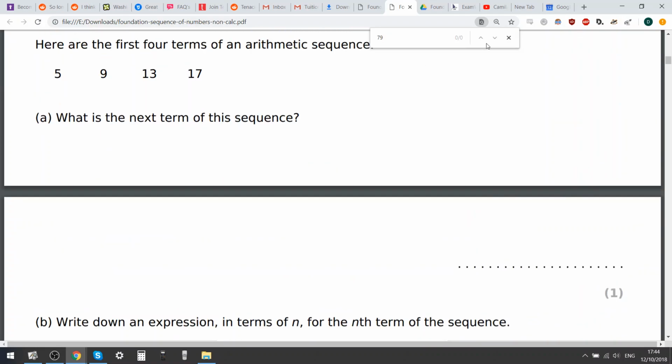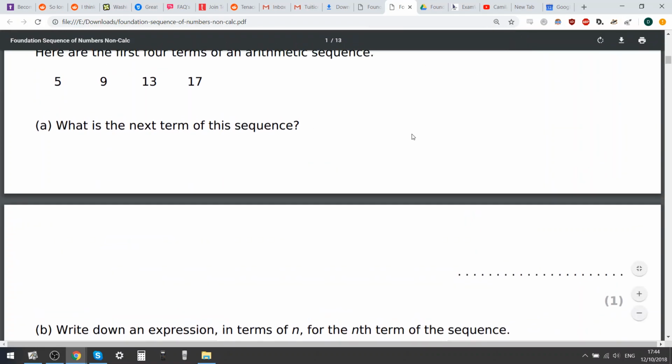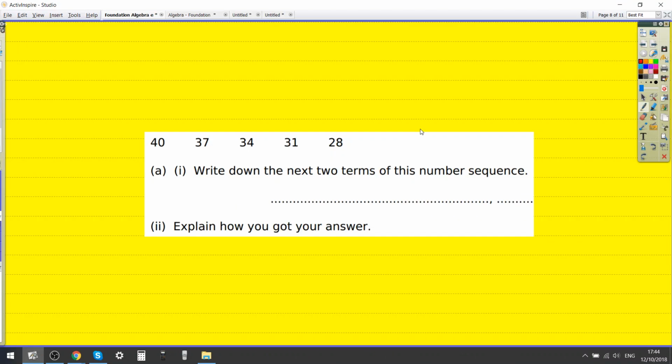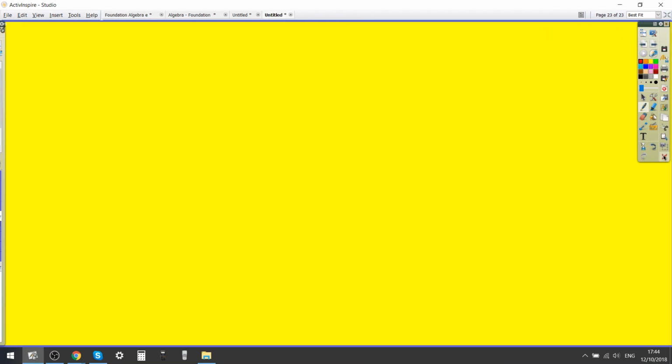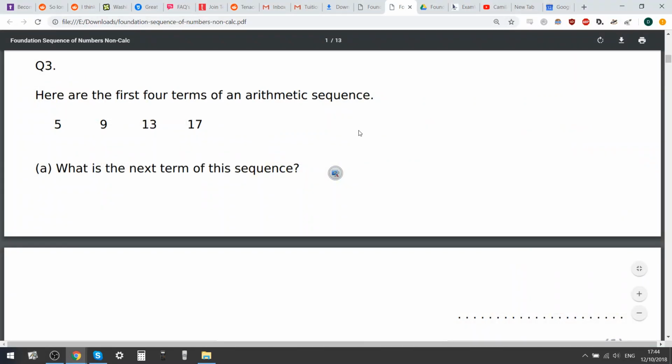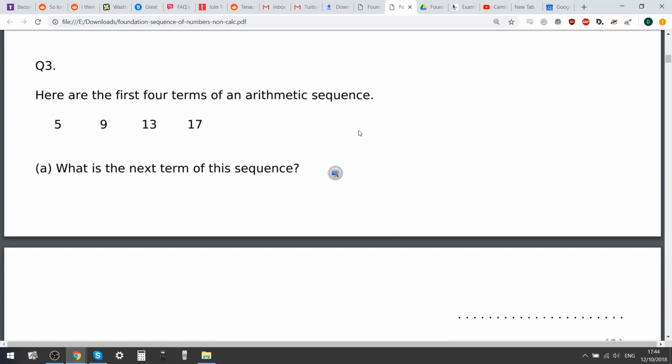Okay, so let's try this one. Hang on, let me just go back to my thing. We stopped on first 5 terms, first 4 terms. Sequence of numbers, yeah. Okay, how about this one?